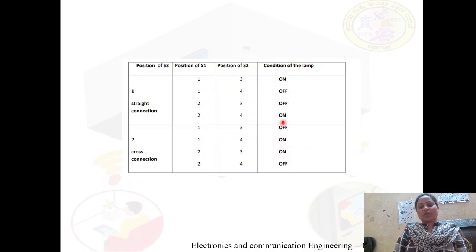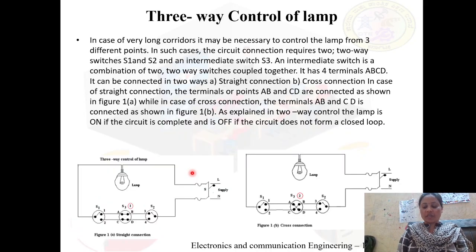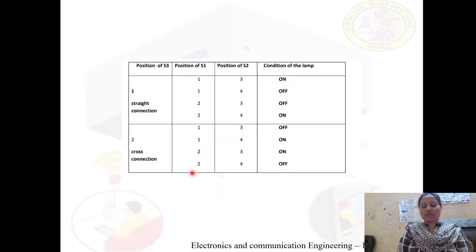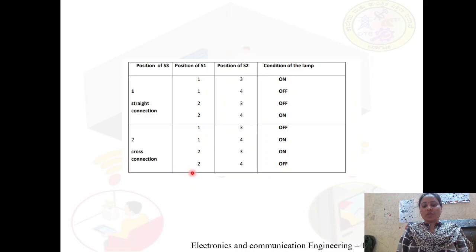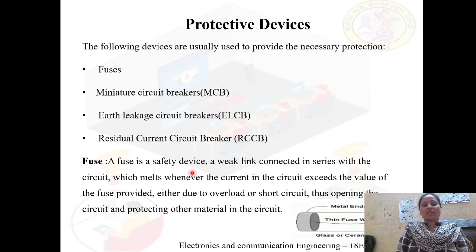Okay, so this is how the two-way and three-way control of a lamp can be done from 2 places and from 3 places, and we most commonly use it in staircase applications, large corridors, and even in bedrooms or large halls, etc.